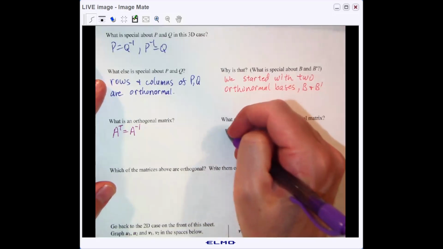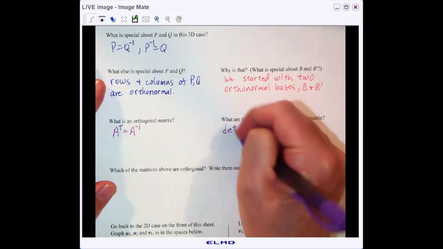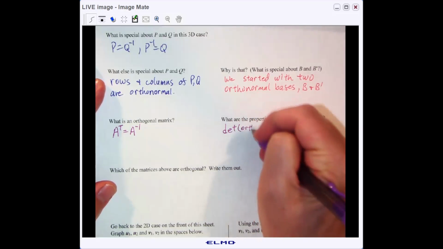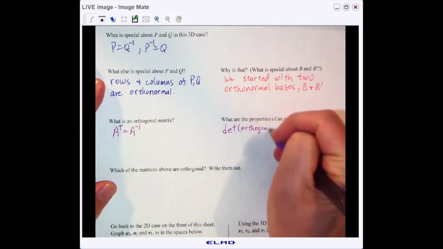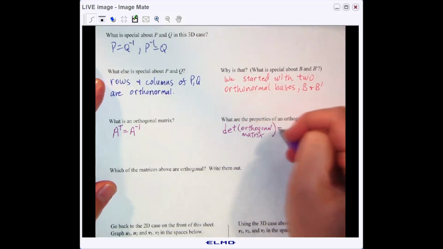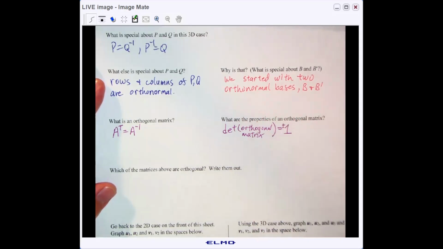Another thing that's cool is that the determinant of an orthogonal matrix will always be equal to 1 or negative 1, so I'll write plus or minus 1.